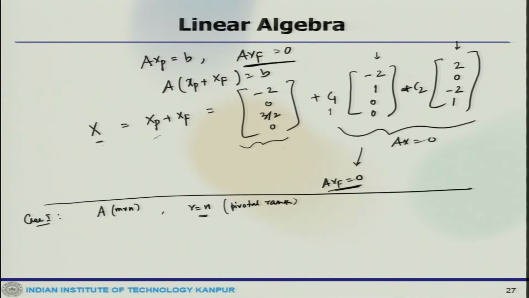So, the number of free variables would be n minus r, which is essentially 0, so the solution would only be contributed by the pivot part, there is no free variable.